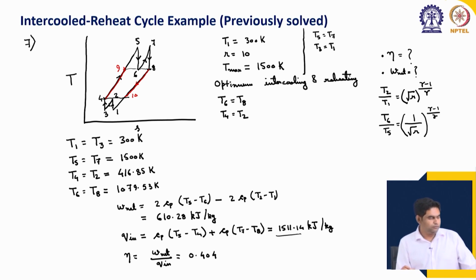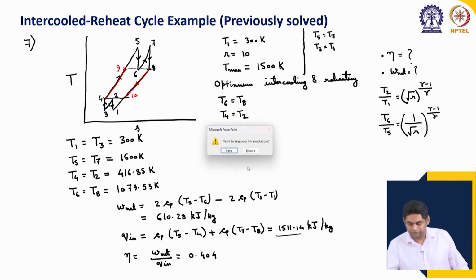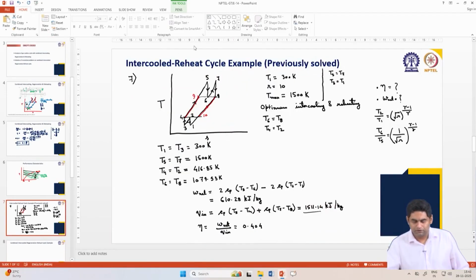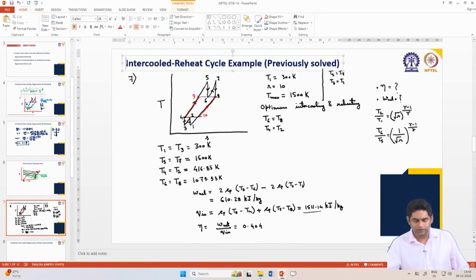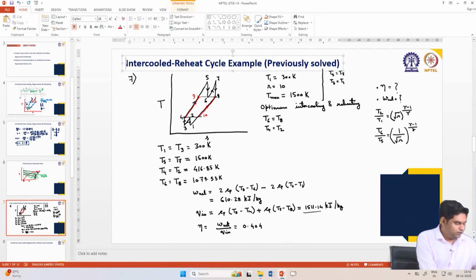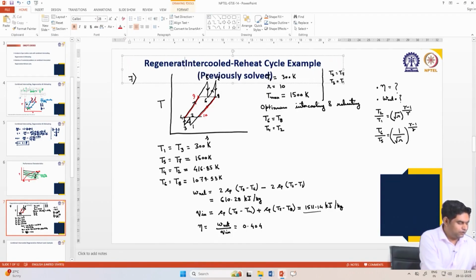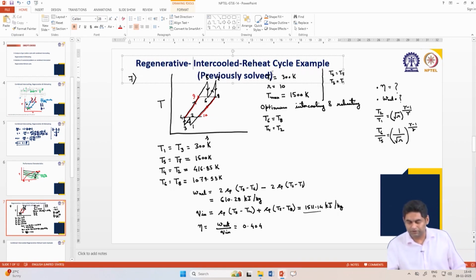Based on this, we will directly write down whatever values are known to us. Or we can use this example itself as the template for the final problem. I am directly writing here that this is for regenerative, so as to save time, because we are going to do the same problem again. I do not want to waste time.